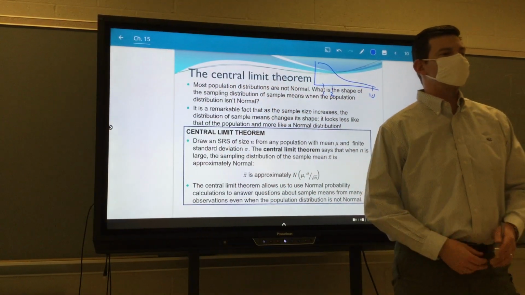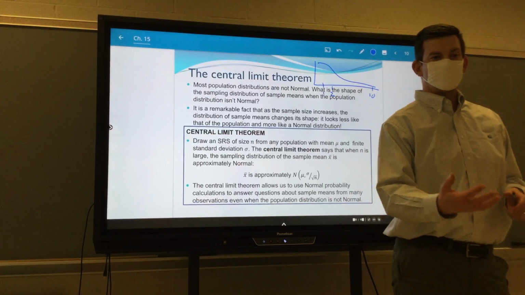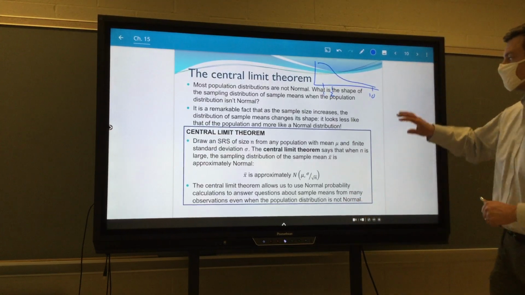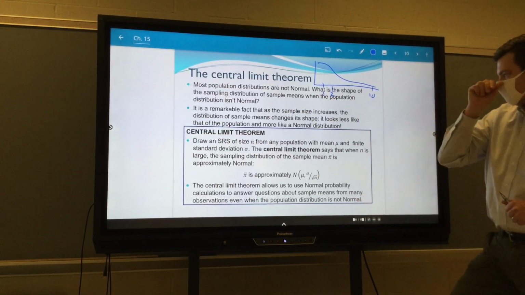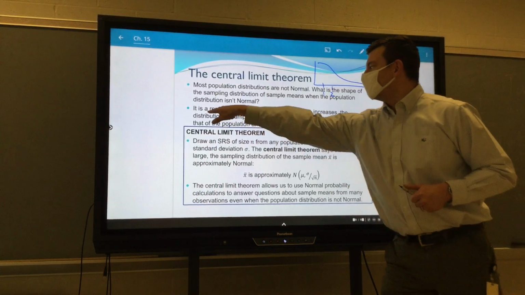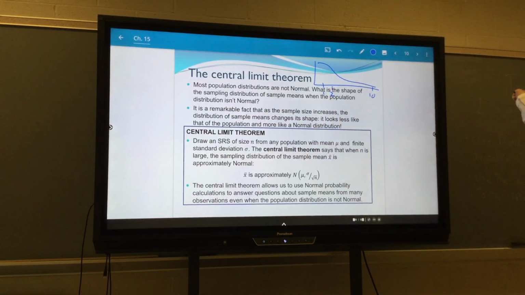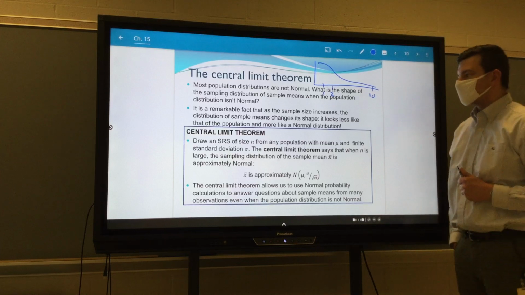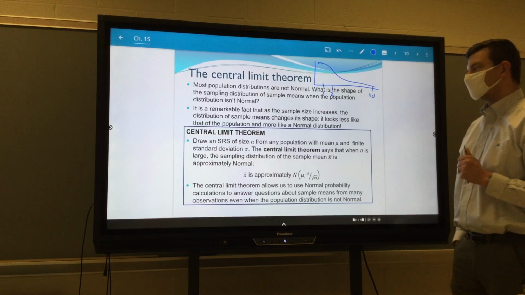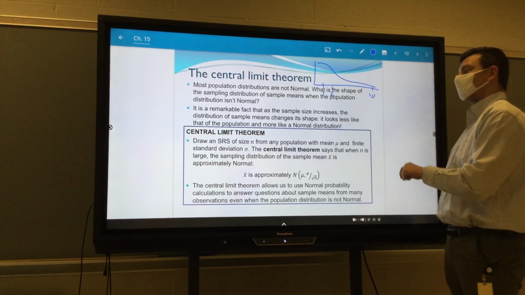And most of our data sets from populations are not normal. But the central limit theorem says it is a remarkable fact that as the sample size increases, the distribution of sample means changes its shape.